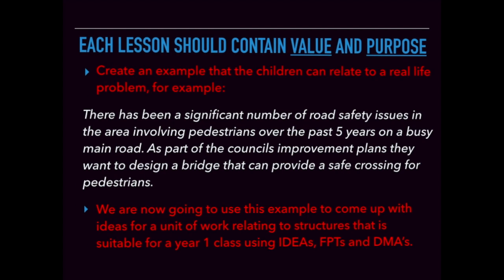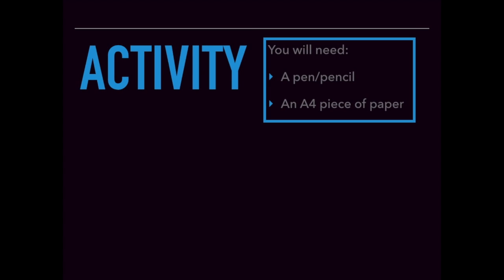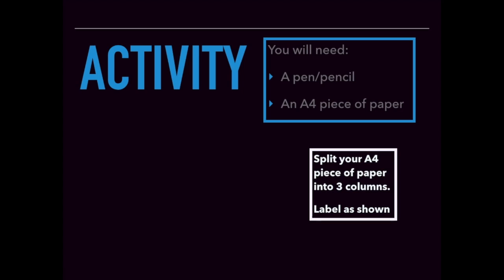For the activity, you will now need a pen or a pencil and an A4 piece of paper. You will then need to split your A4 piece of paper into 3 columns. Then you will need to label them as shown with IDEAs, FPTs and DMAs.